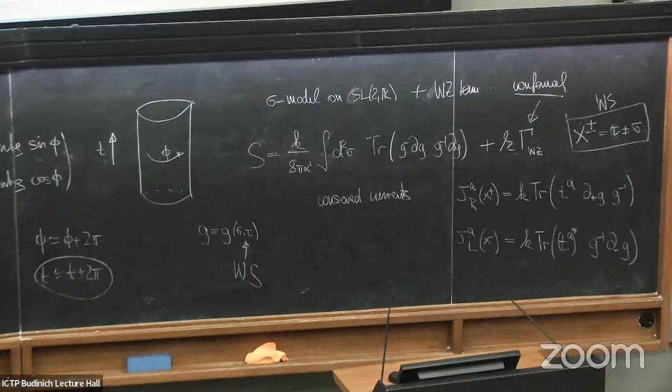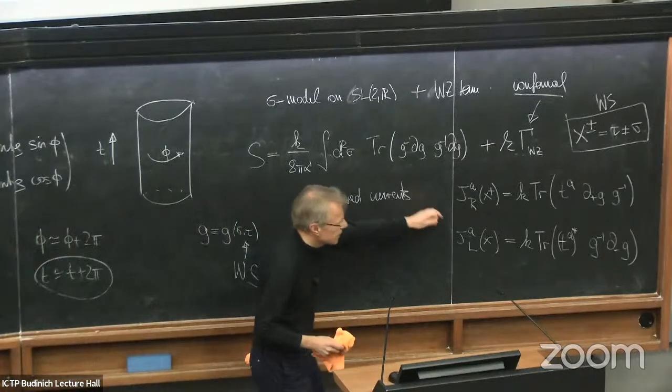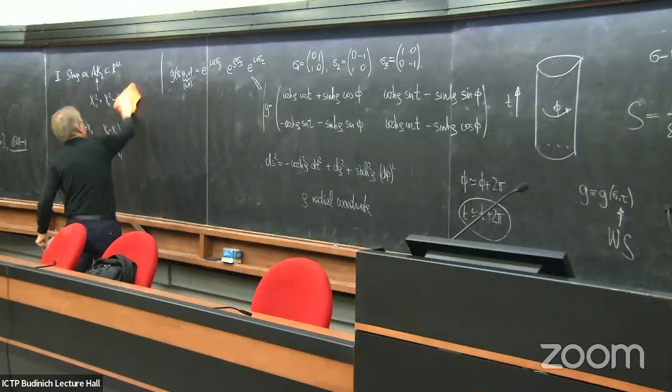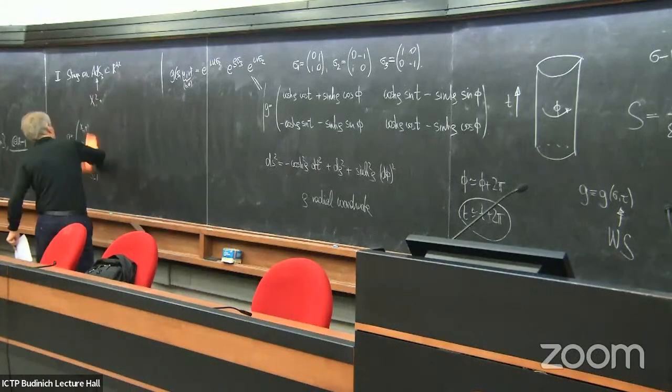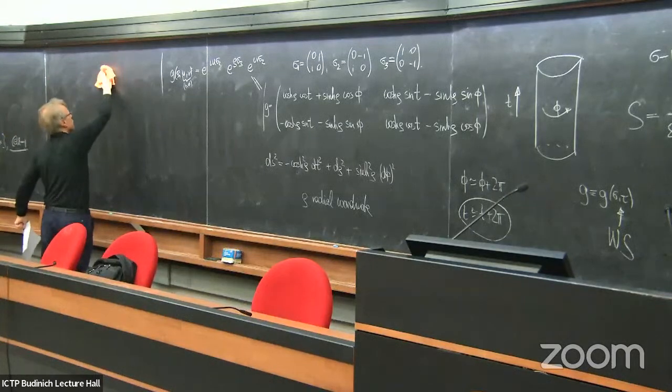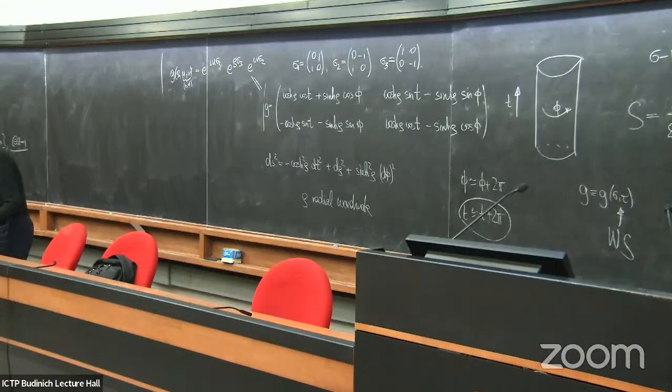It's maybe not obvious at this stage why that means it's conformal, and in fact, I probably won't really explain this, but what it gives you is that these currents satisfy an interesting OPE. So these currents are functions of x plus, and the world sheet is periodic.